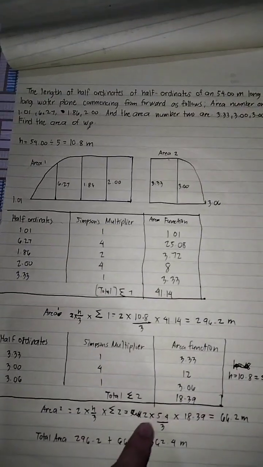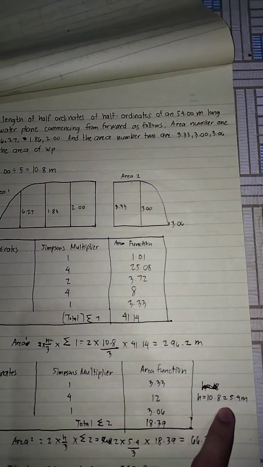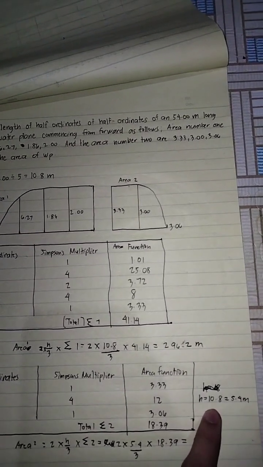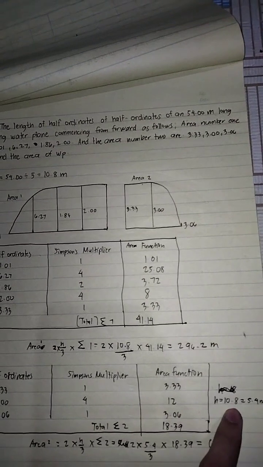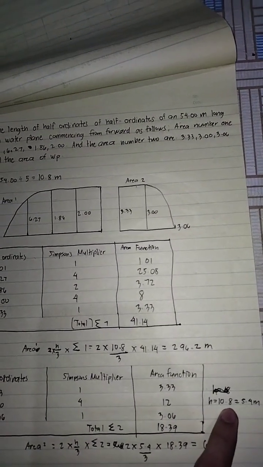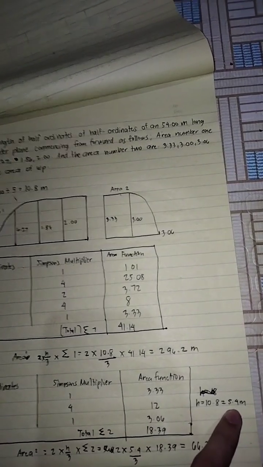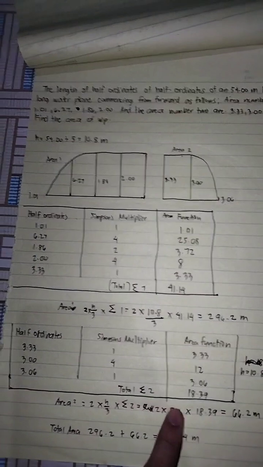This 5.4 we get from the interval of area number 2, which is the interval of area number 1 divided by 2: 10.8 divided by 2 is equal to 5.4. After that, we already have the area of number 2.